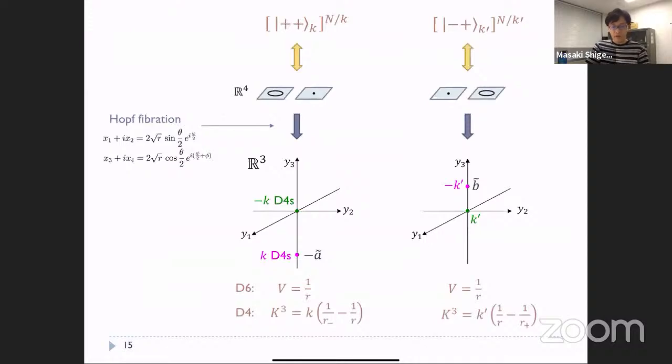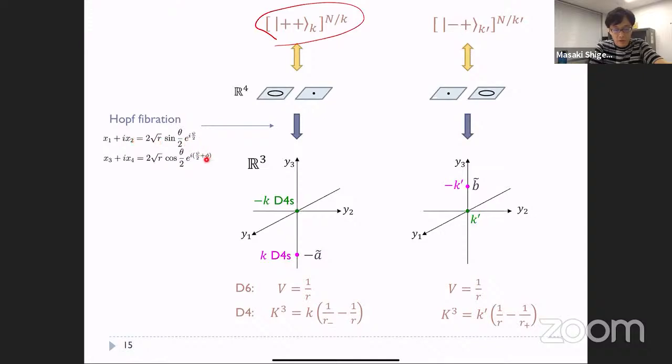Now, we have the Lunin-Mathur geometry profile, and we want to reduce that to the multi-center solutions by reducing the R4 profile onto R3. So first, we have this plus guy, and this, as I said, is a circle in one plane, and it's a dot in the other plane. And we can reduce this to R3 by the standard Hopf fibration.